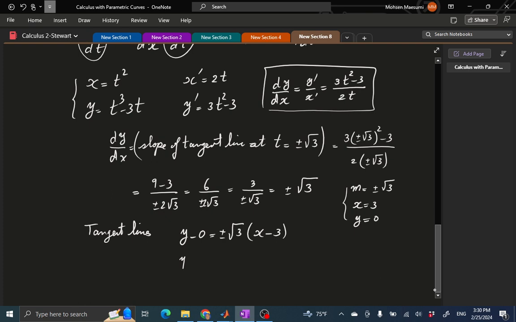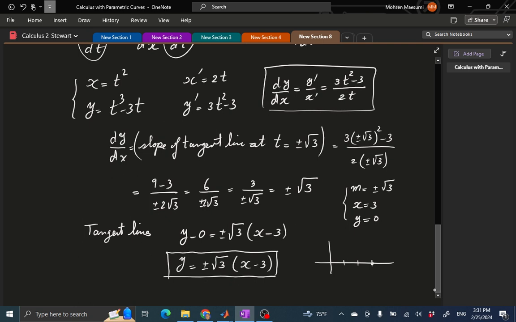So we simplify this, and y is equal to plus or minus radical 3 times (x minus 3). This is the set of tangent lines that happen at the point of self-intersection. So just to have an idea, x is say 3 here, radical 3, tangent being radical 3.